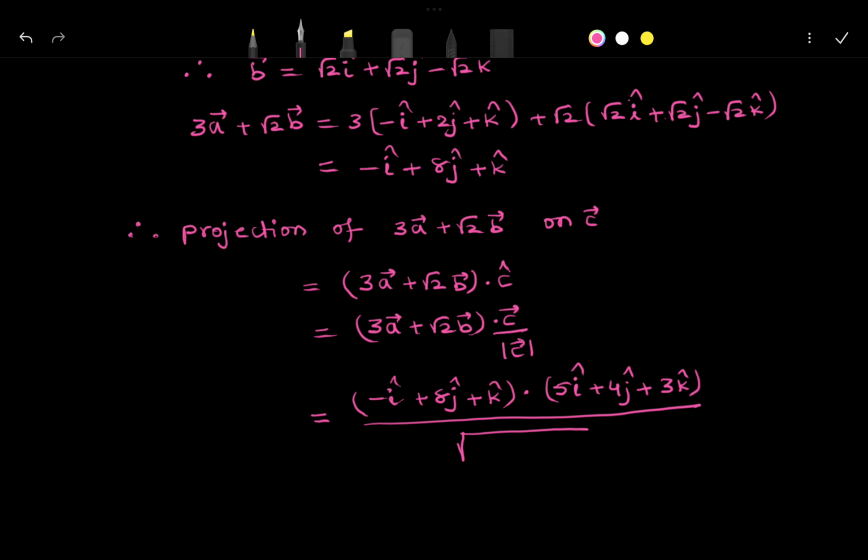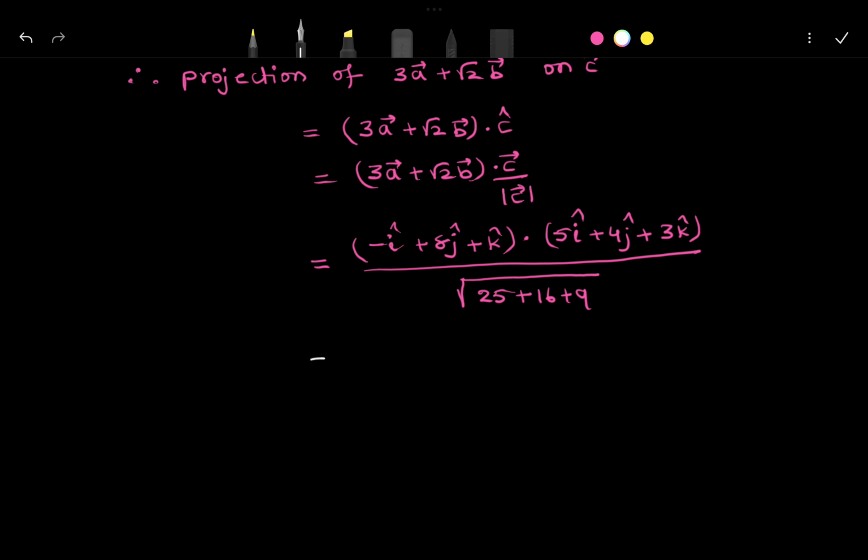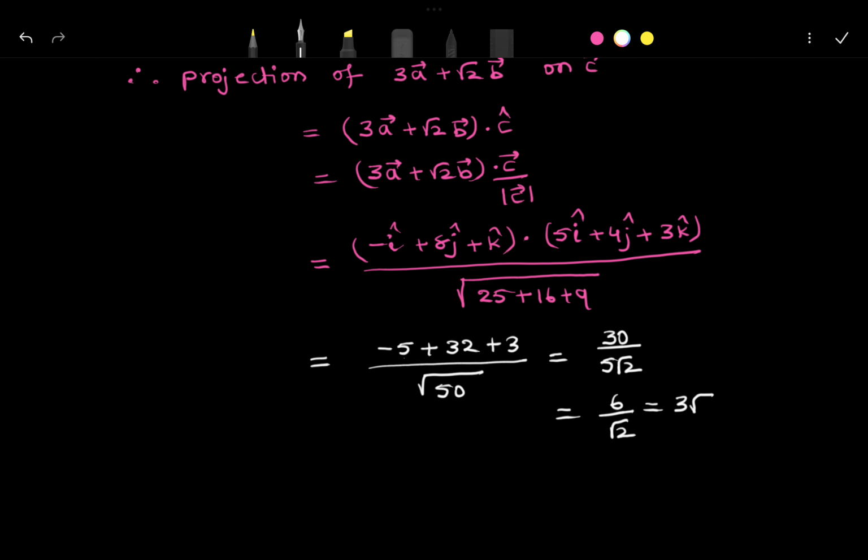The modulus of c bar is the square root of 25 plus 16 plus 9, which is root 50. First simplify the numerator, the dot product: minus 5, plus 32, plus 3. 32 minus 5 is 27, 27 plus 3 is 30. 30 divided by 5 root 2 is 6 by root 2, which equals 3 root 2.